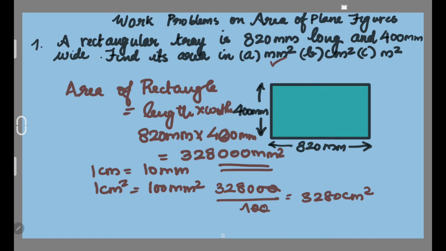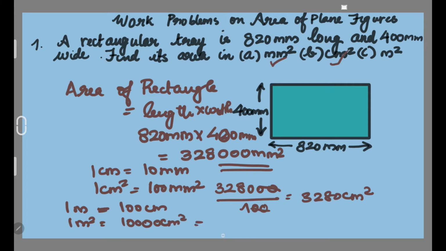Now we have completed the second portion, and the third one is in terms of meter square. Let's find the relation between 1 meter and centimeter. 1 meter is 100 centimeter. So 1 meter square is 10,000 centimeter square.